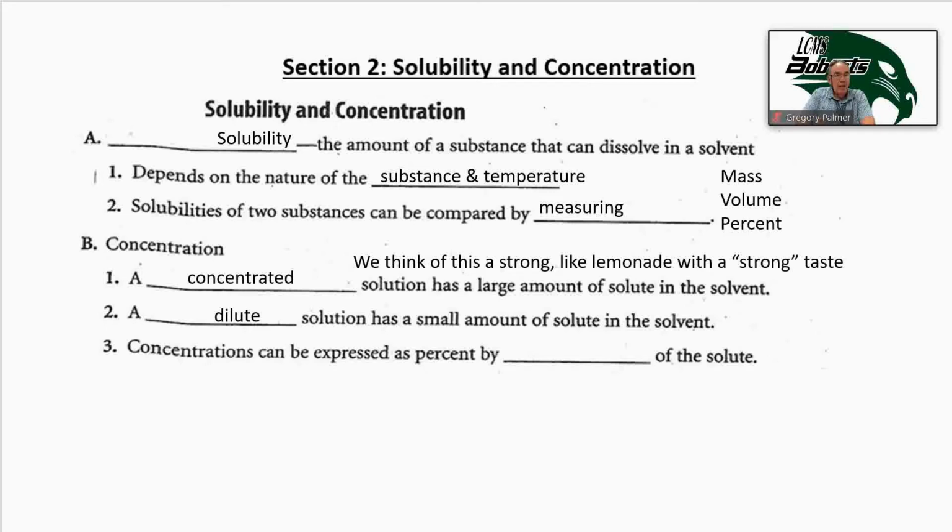On the other hand, sometimes they run out, and then it's weak and diluted, and it barely tastes like Coke, and instead of being a dark brown, it's a very light brown. Then we would say it's really diluted because it's not mixing the flavoring into the drink very well. So we think of dilute solutions as being weak. And as we said, the concentration can be expressed by a percent by volume of the solute.